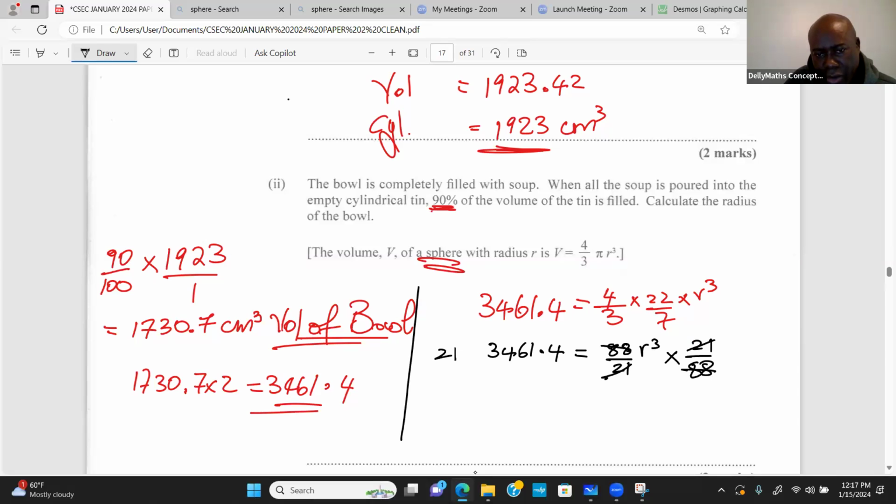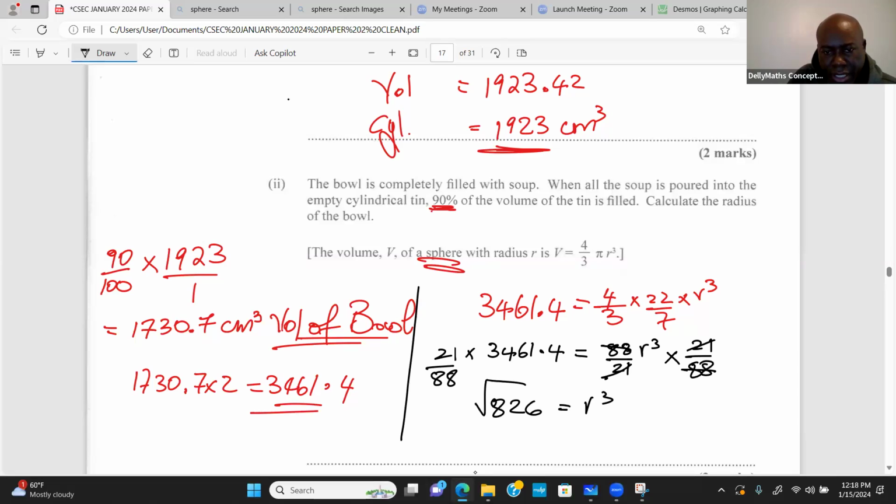All right, so let's see what we have. 21 times 3,461.4 divided by 88. What I'm getting over this side is 826, so 826 is equal to r to the third.